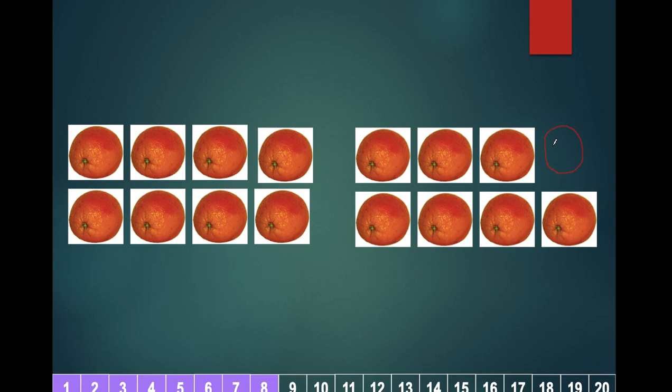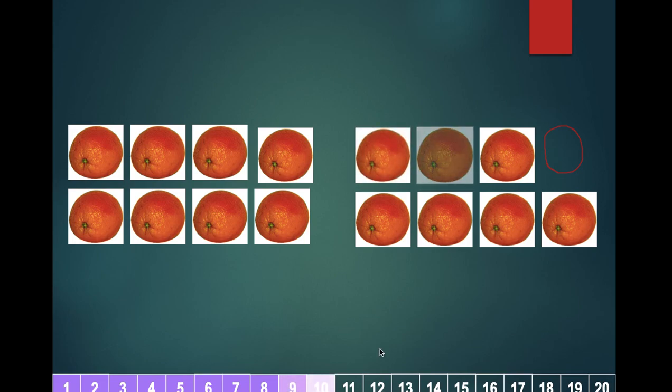Now we had 8 oranges here, and when I double this, I got 8 more. Yeah, the number became big. So now let's count how many are there totally.